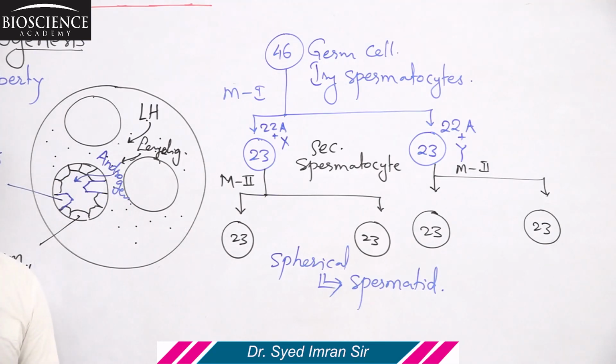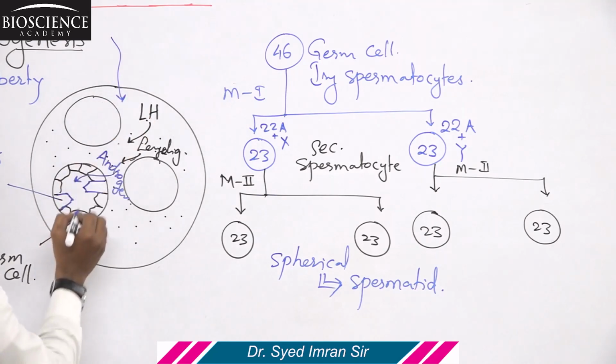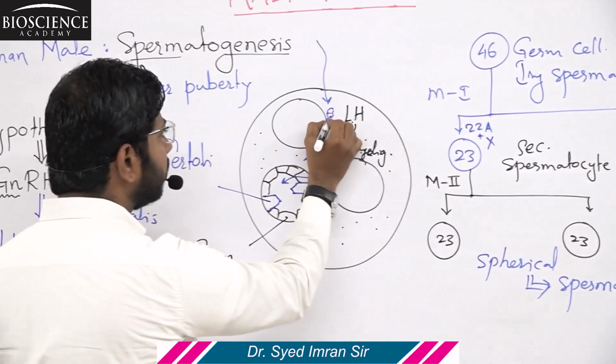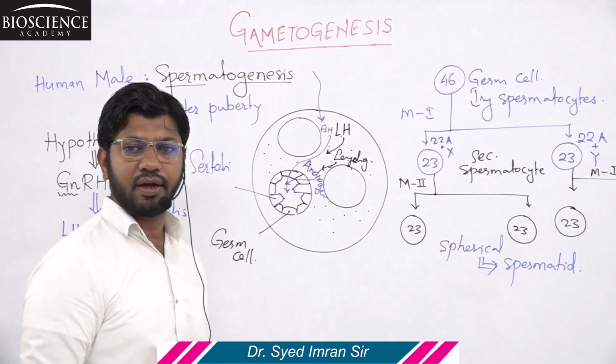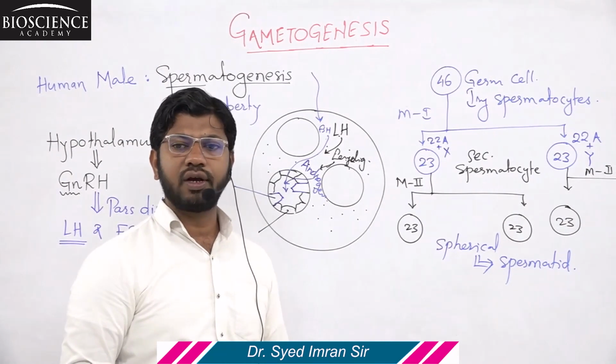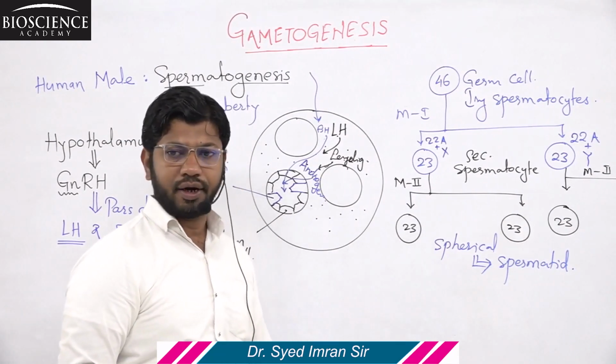Now it is the time for the entry of follicle stimulating hormone. When follicle stimulating hormone comes through the blood into the interstitial space, the FSH moves directly inside the seminiferous tubule. The action of follicle stimulating hormone is the maturation of spermatid.